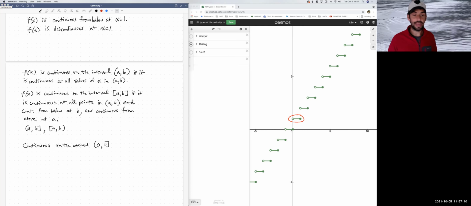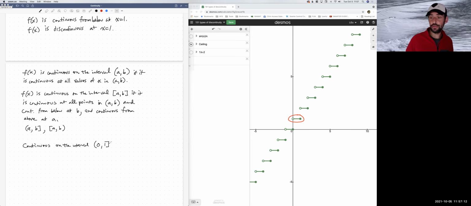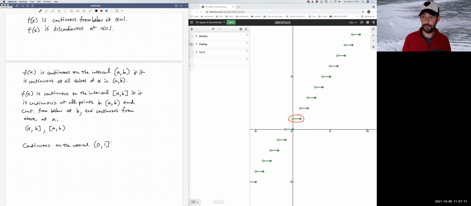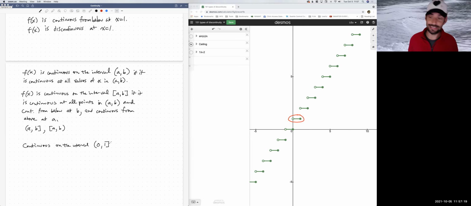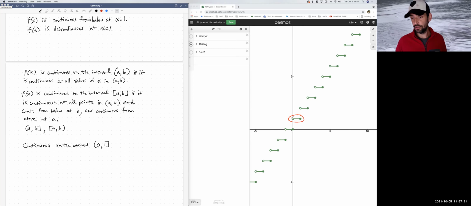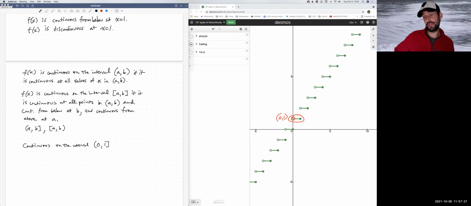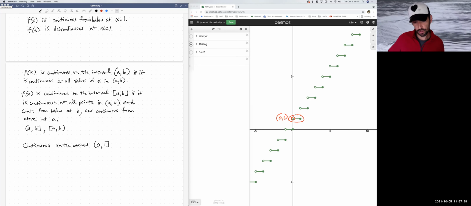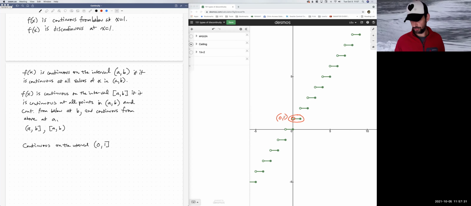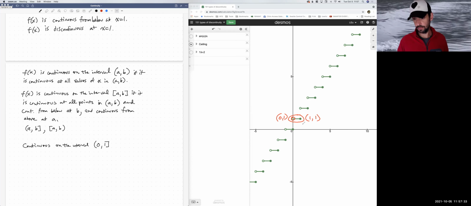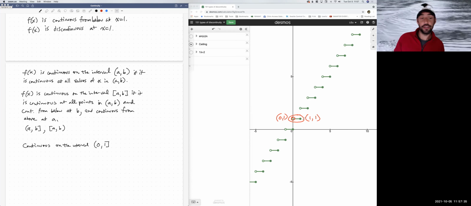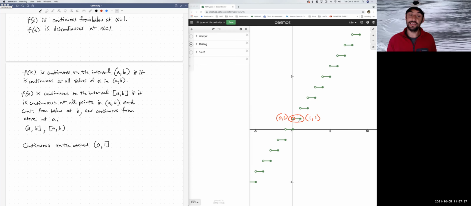So at 0, it's not continuous because as it approaches from above, the value of the function is not 1 where this dot is at. This dot is at (0, 1). But as it approaches the endpoint from below, the limit is 1 and the value is 1, right? So it's continuous on that interval.